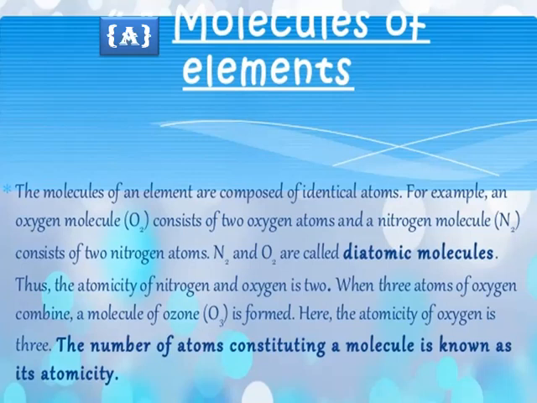This gives us the idea of atomicity. The atomicity of nitrogen and oxygen is 2. When three atoms of oxygen combine to form a molecule of ozone, the atomicity of oxygen is 3 in ozone. So we can define atomicity as the number of atoms constituting a molecule.